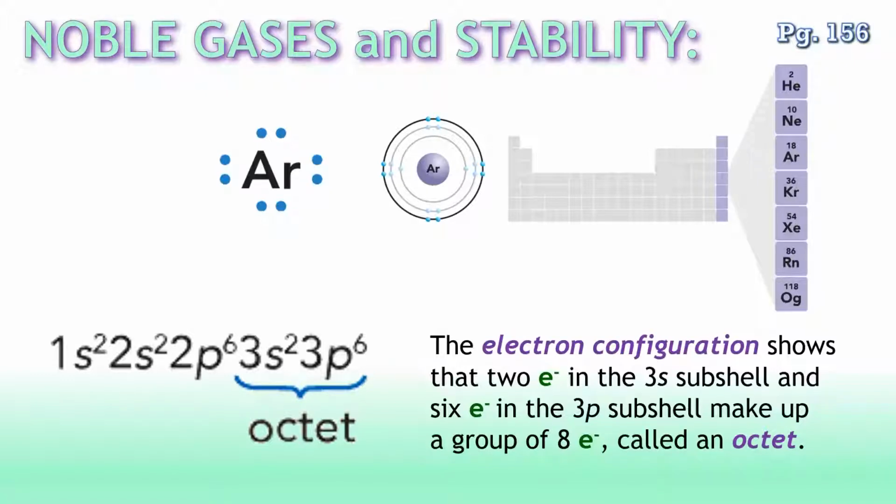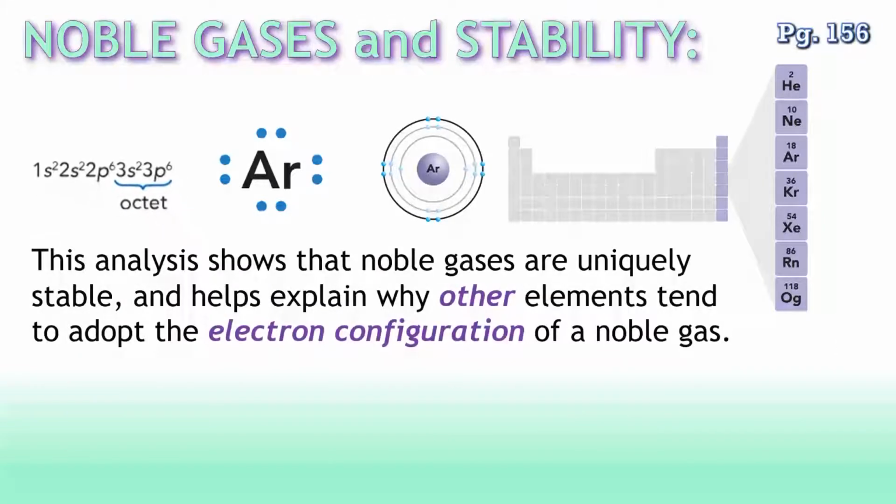We can call this group of 8 that represents the filled outer shell an octet. This analysis shows that noble gases are uniquely stable and helps explain why other elements tend to adopt the electron configuration of a noble gas.